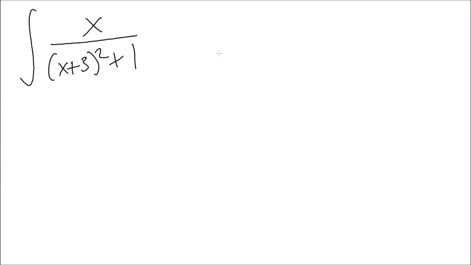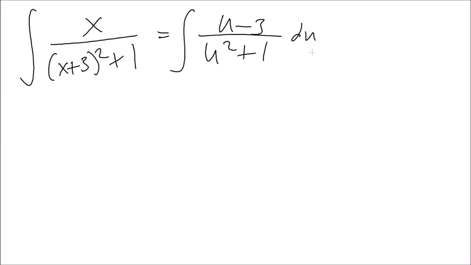Okay. So we have the integral of literally (x plus 3) squared plus 1 in the denominator. That's literally what we have. And if I let u equal x plus 3, right, then I get (u minus 3) over (u squared plus 1) du. Oh, you know what? Never mind.